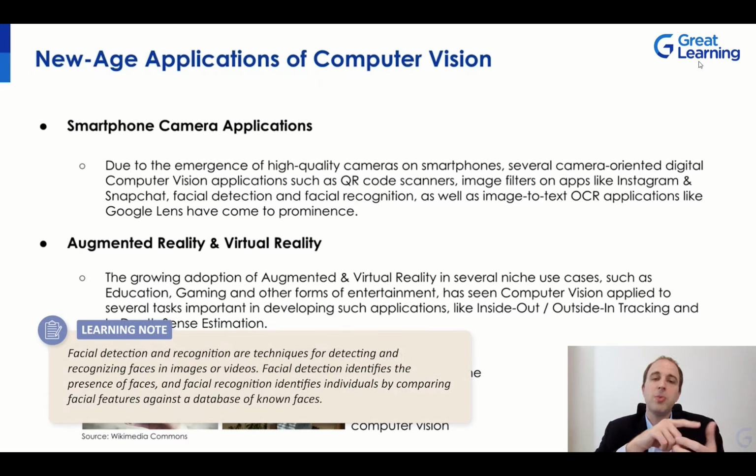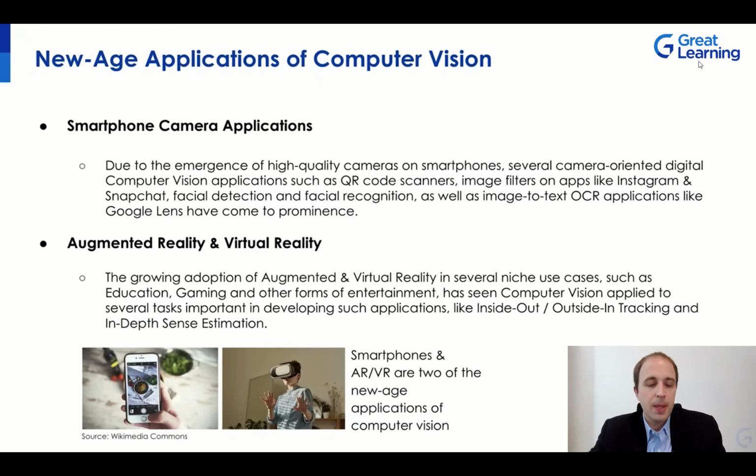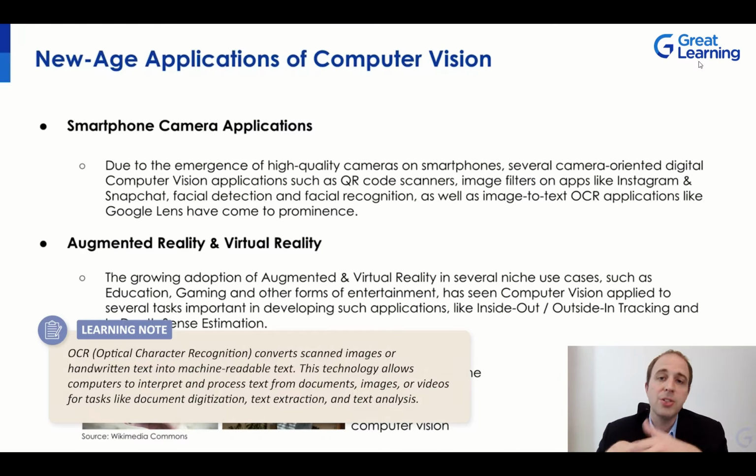Potentially, you could point your smartphone at a person and it could recognize that that person is your friend or recognize that that person is a stranger. There are applications we've seen where if you point your smartphone at an image of text in a foreign language, some apps can not only read that text, but translate it into your own language. And so that's not only OCR, which is character recognition, but also machine translation. Augmented reality and virtual reality, these are some other applications.